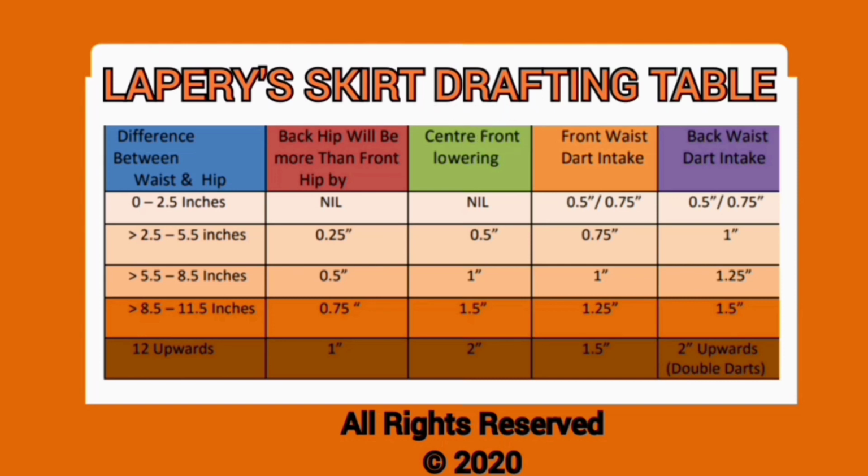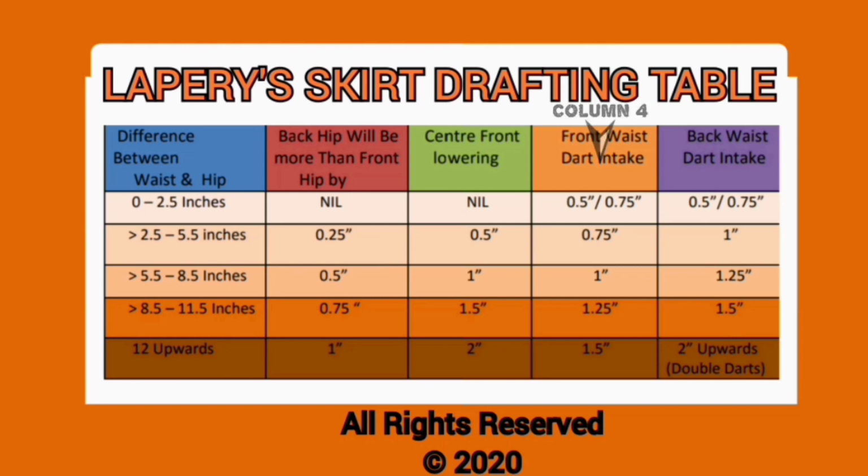In the fourth column, we have the front waist dart intake, which guides us to knowing the width of our dart. It's not in all cases that our dart will be 1 inch. Sometimes your dart intake can be less than 1, sometimes it can be more than 1.